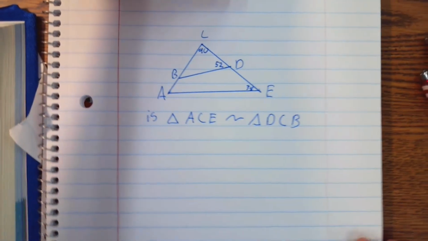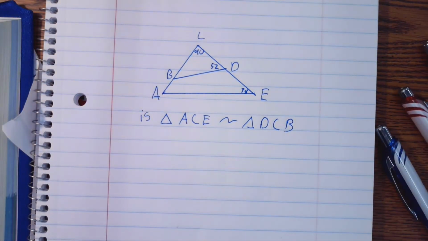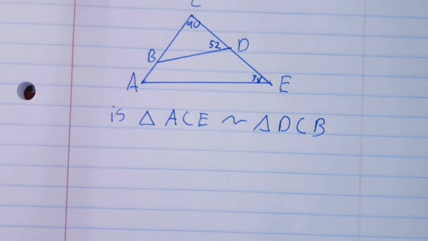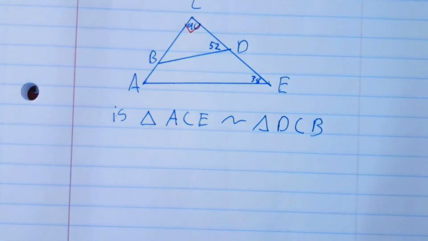Okay, when you get that, see if you can answer this question. Is that a 40 or a 90? That's a good question. It's a 90. I guess I could have just put a little red box here, right? And that would have helped everybody out.